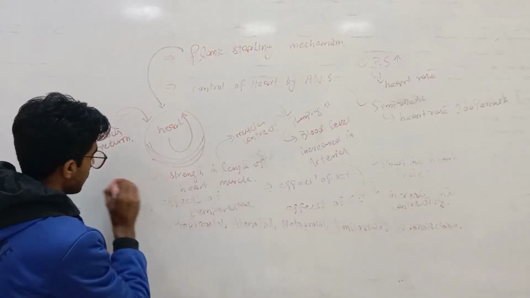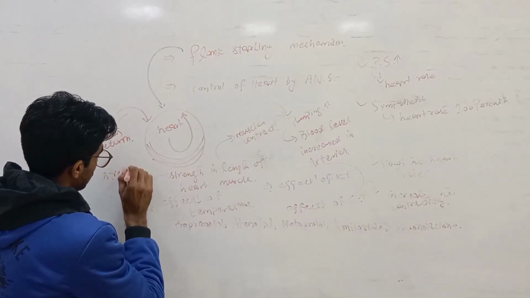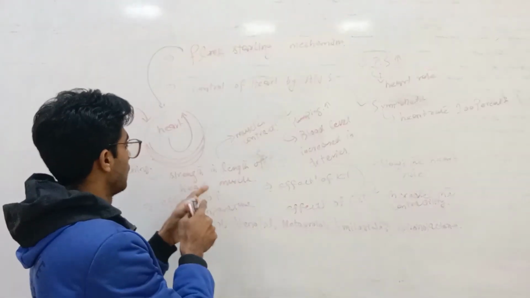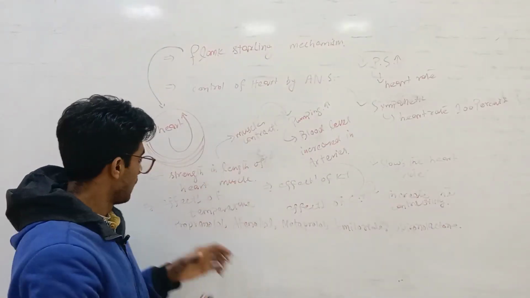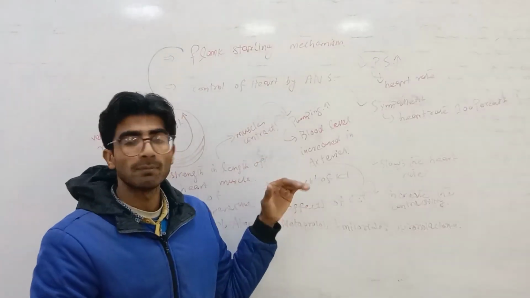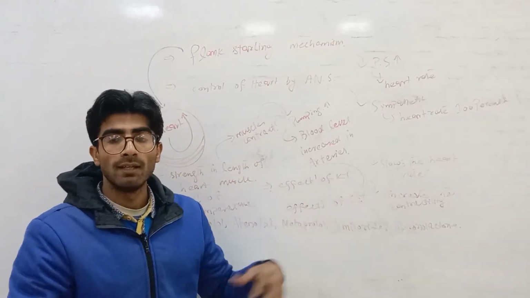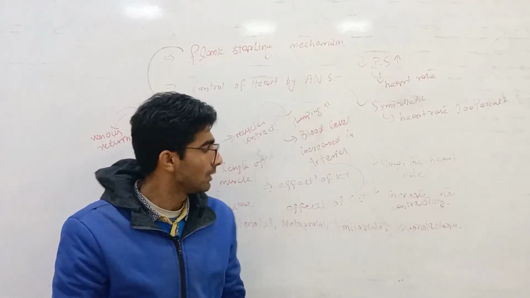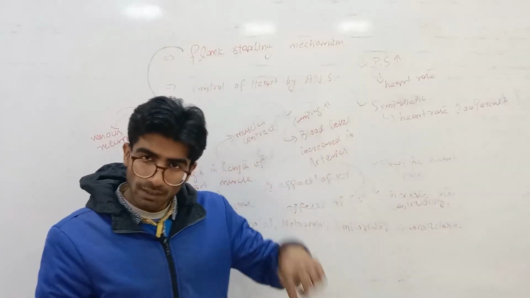The muscle stretches and contracts, pumping of blood increases, the volume at the right atrium increases, and blood goes into the arteries.